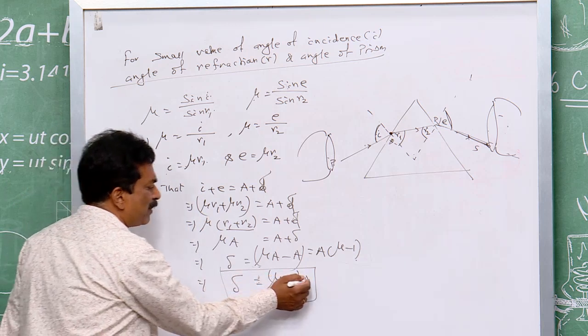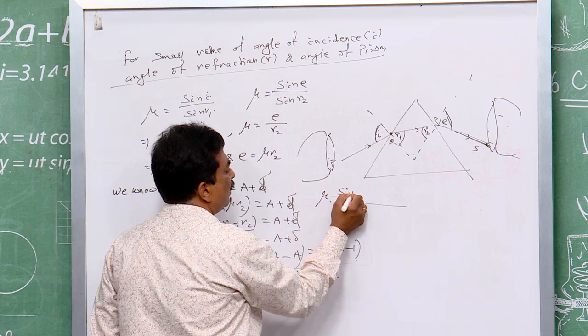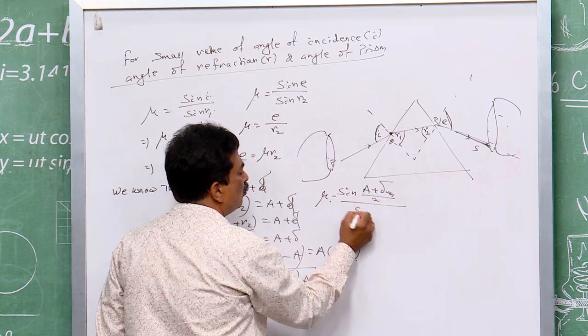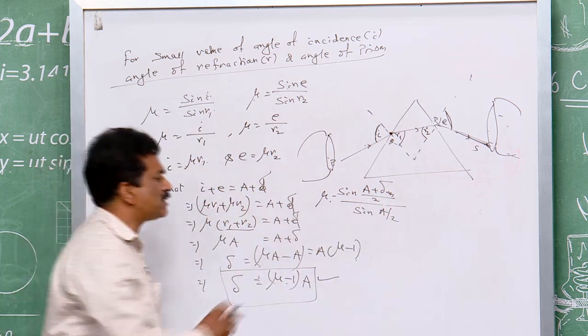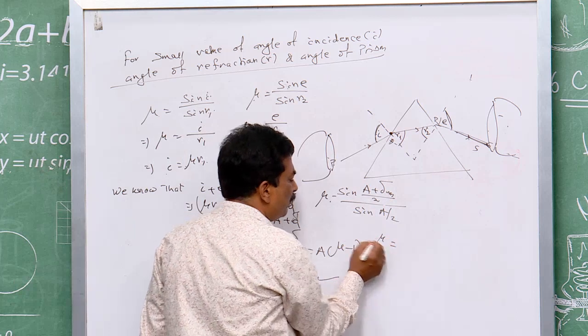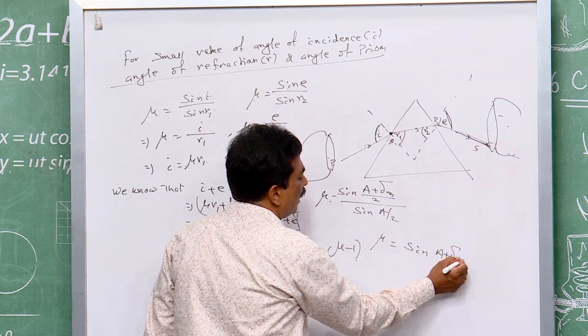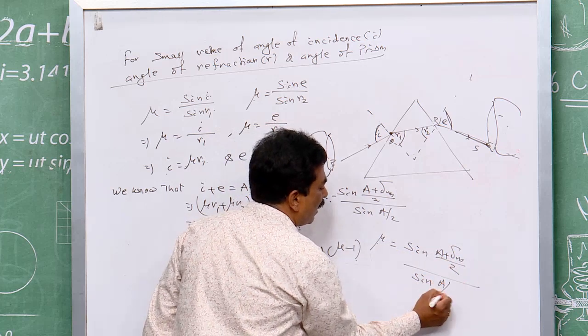Delta is equal to mu minus 1 into A, and mu is equal to sin of (A plus delta m) by 2, divided by sin A by 2. But most students write it in this way: mu is equal to sin A plus delta m by 2 divided by sin A by 2.